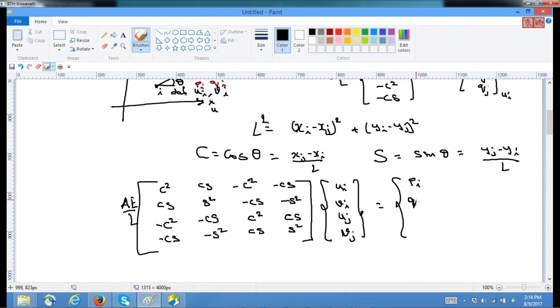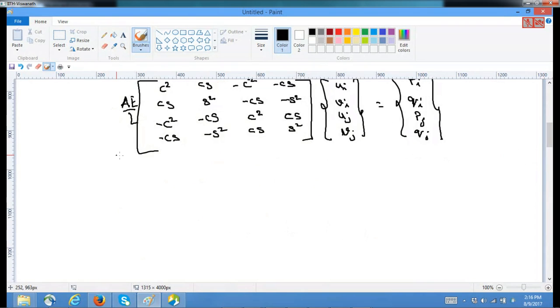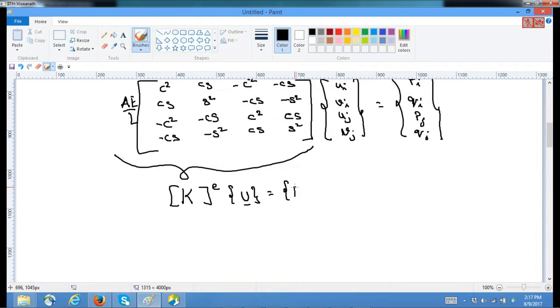qi, pj, qj. This is what we have shown, and this entire quantity is nothing but your stiffness matrix for the element e, with these as element degrees of freedom, and this is your force field on the elements.